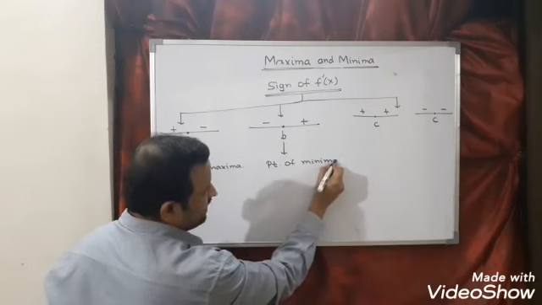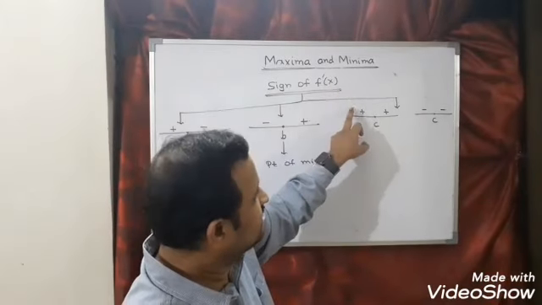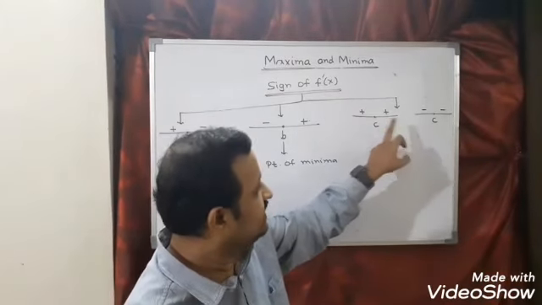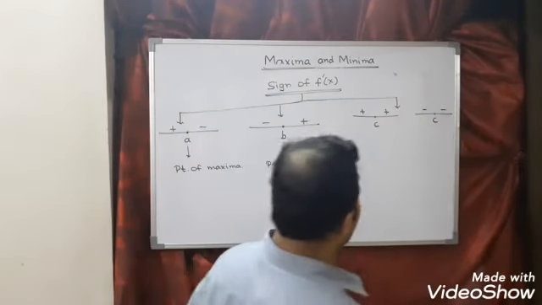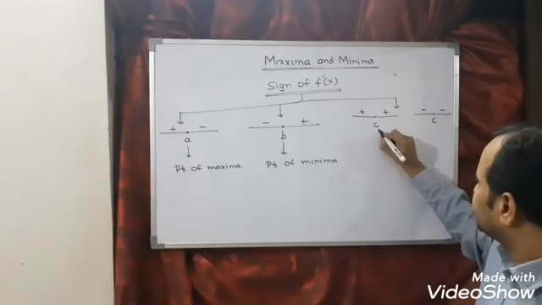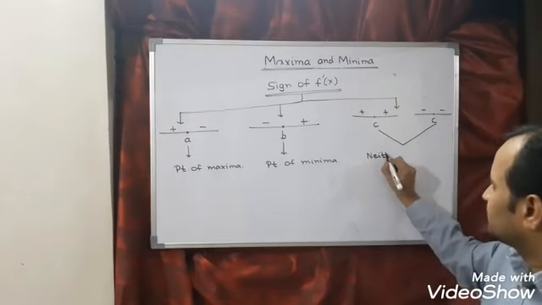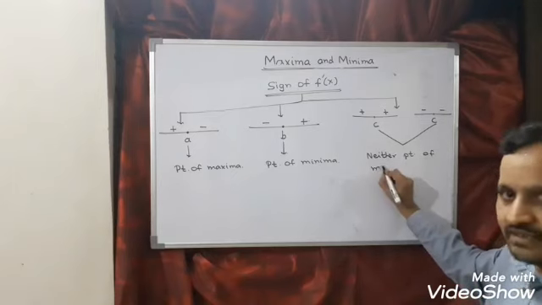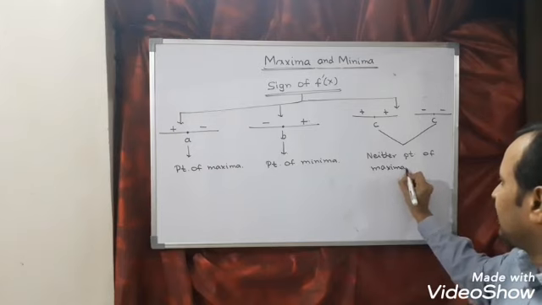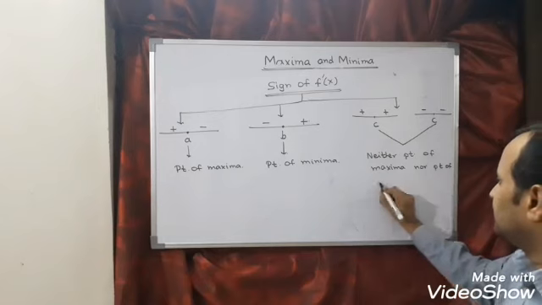And I told you, if f dash x does not change its sign either from positive to negative or from negative to positive, then here I can say neither point of maxima nor point of minima.